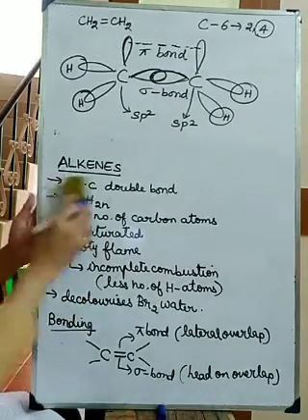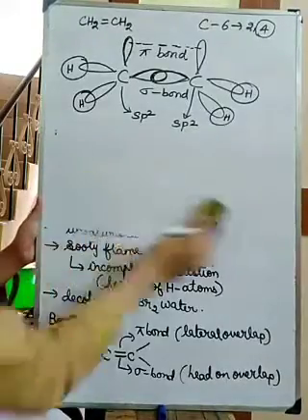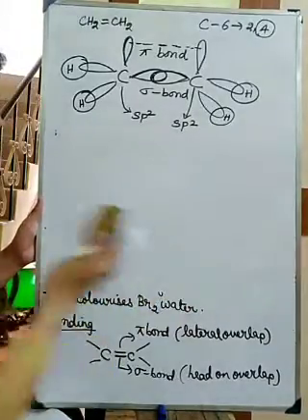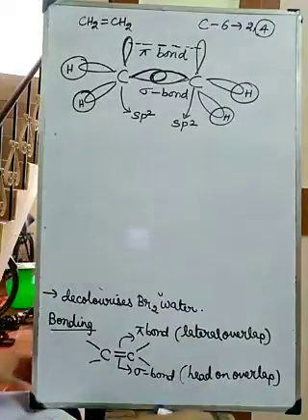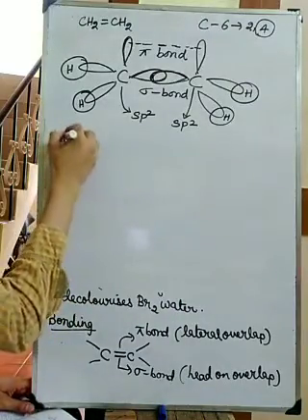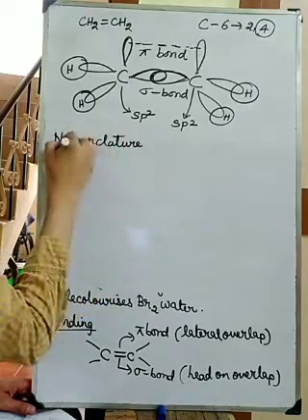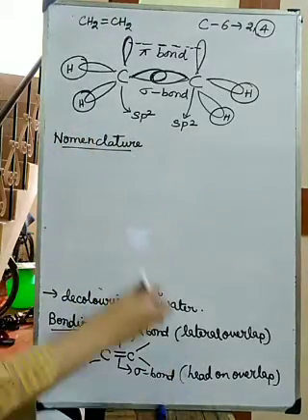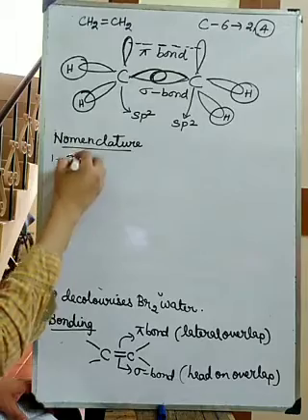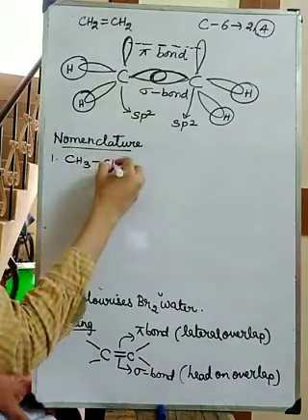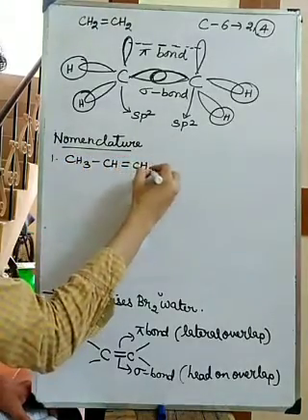Again, naming of the compounds, nomenclature, we have already studied in the previous lesson. A few nomenclatures I will cover here. What is the name of this compound? CH3, CH double bond CH2.